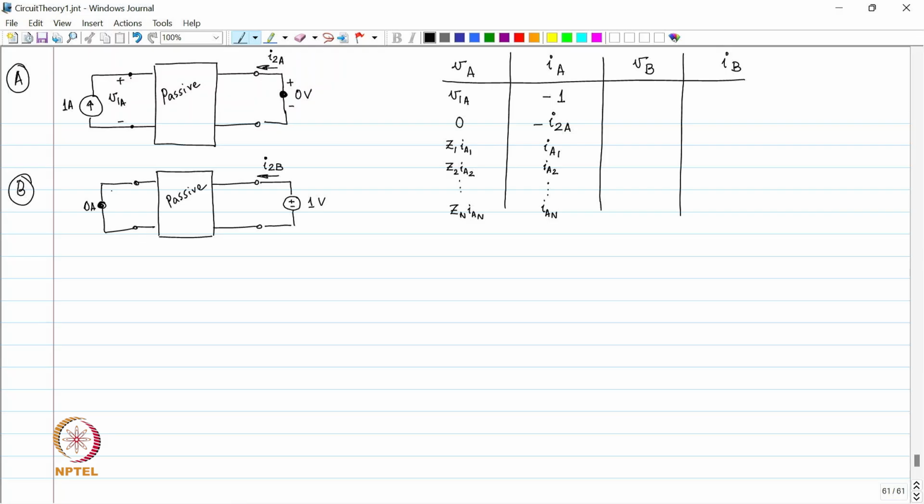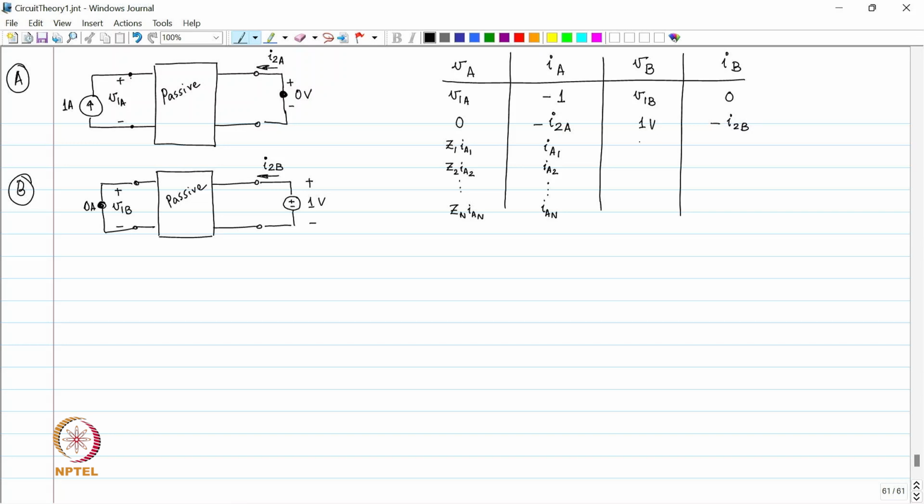V 1 B, and I B in that case is 0, and the voltage for the next component is 1 volt and the current again is minus I 2 B. Fine.